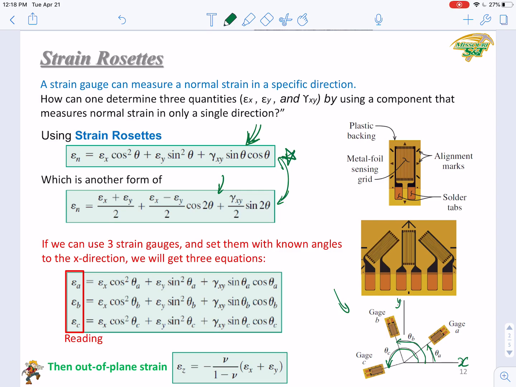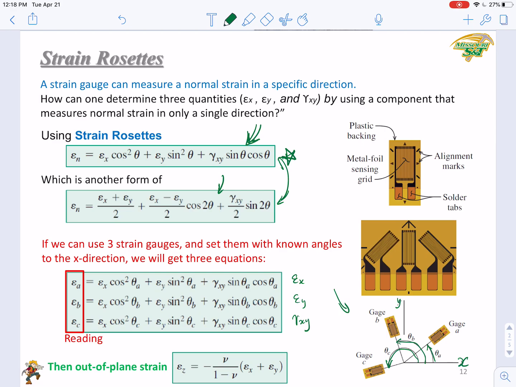But epsilon A, epsilon B, epsilon C are known. They are just the readings of the three strain gauges. Okay, so three equations, only three unknowns. So you can solve them mathematically and simultaneously. Okay, so after solving these equations, you will get epsilon x, epsilon y, and gamma xy.